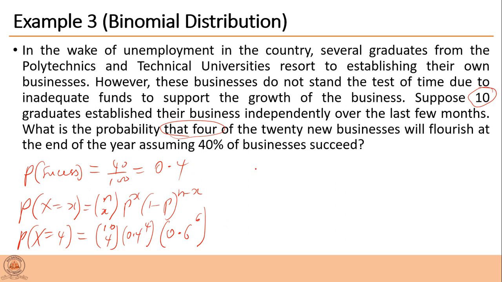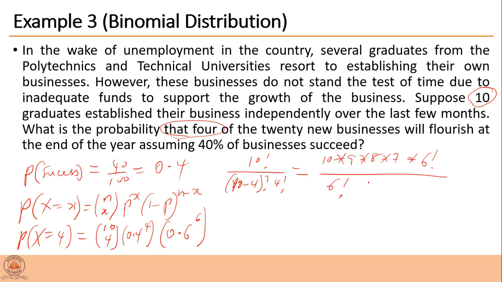Okay. So do your calculations as we did earlier, then 10 factorial all over 4 factorial, then 10 minus 4 factorial. So this will give us 10 by 9 by 8 by 7 all over factorial 4, that is 4 by 3 by 2 and 1. So if we do our calculations, we'll end up with 210.